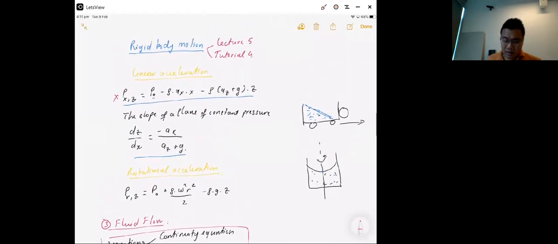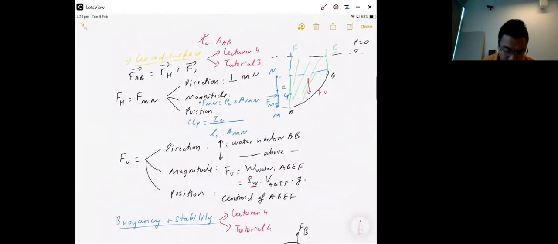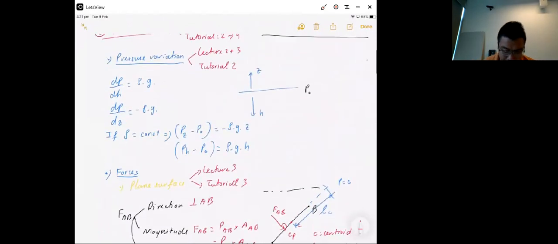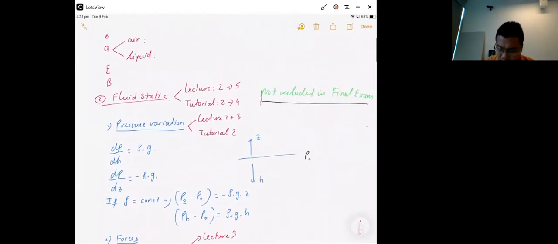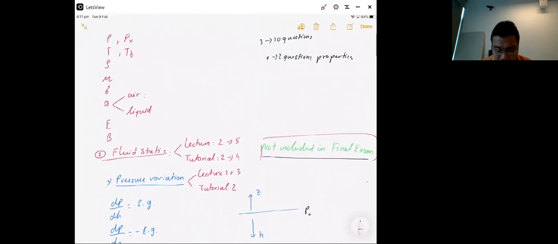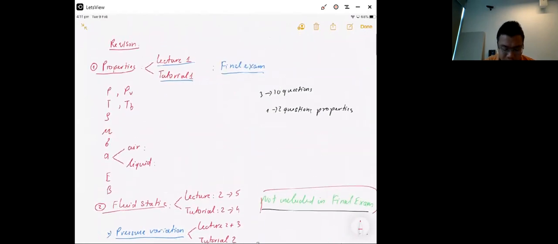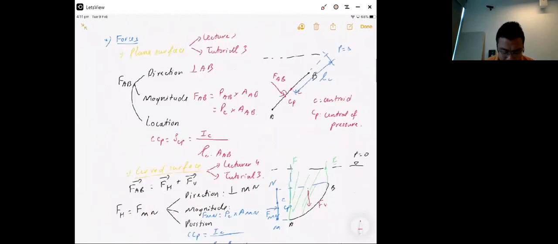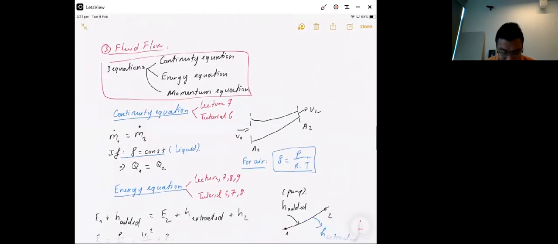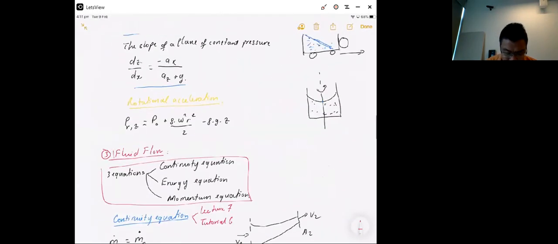And as I said, fluid statics is not included in the final exam. The final exam covers part 1, properties, and part 3, fluid flow. Part 3, fluid flow, will be in the final exam.